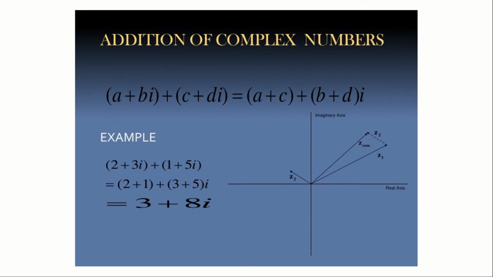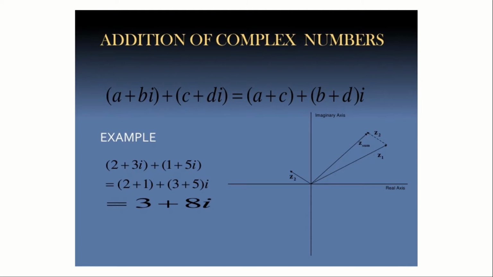There are other properties of complex numbers: addition, subtraction, multiplication and division. First is addition of complex numbers. So this is the way to add two complex numbers. If the complex numbers are a plus bi and c plus di, we need to add in this format, that is (a plus c) plus (b plus d)i.